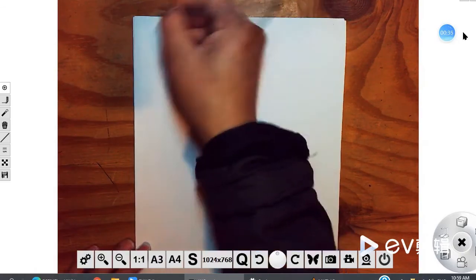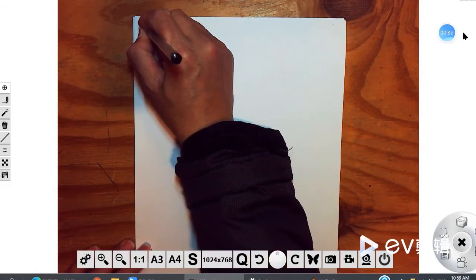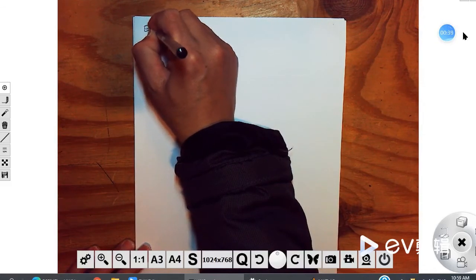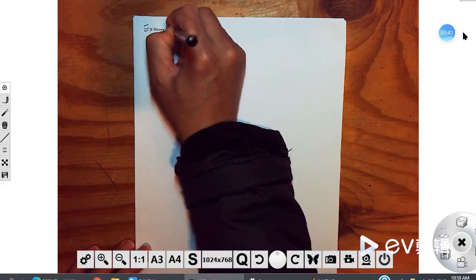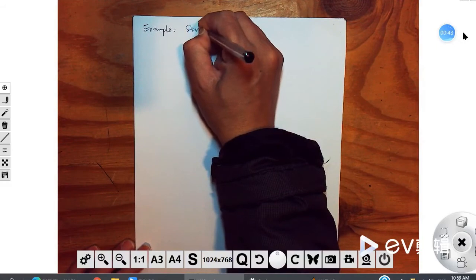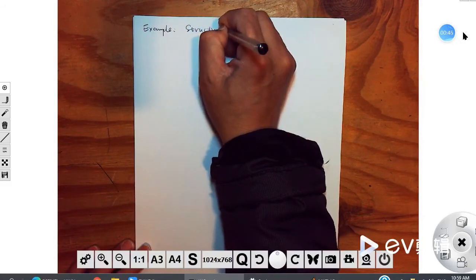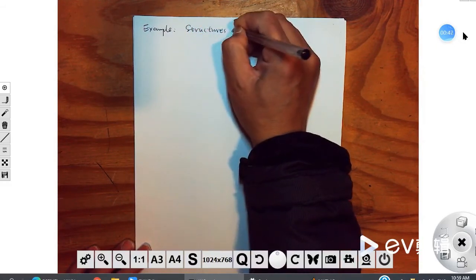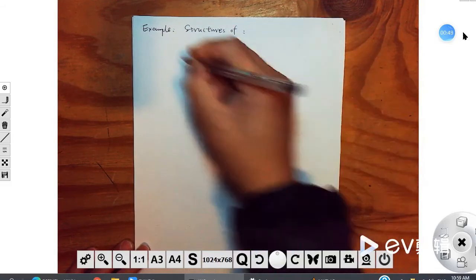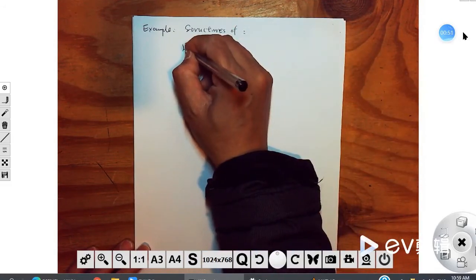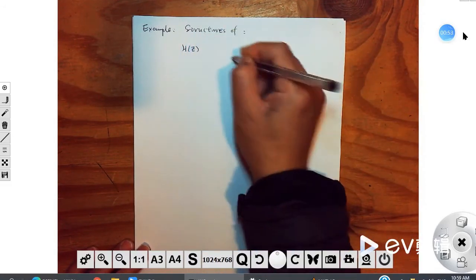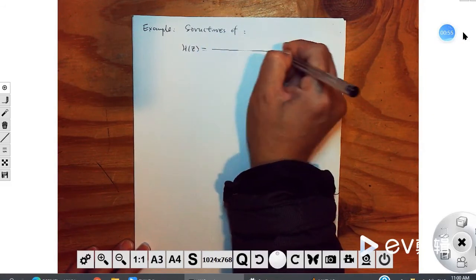Okay. Now let's look at an example. We want to find the structure of a system, H of z. This is the transfer function, a fraction.